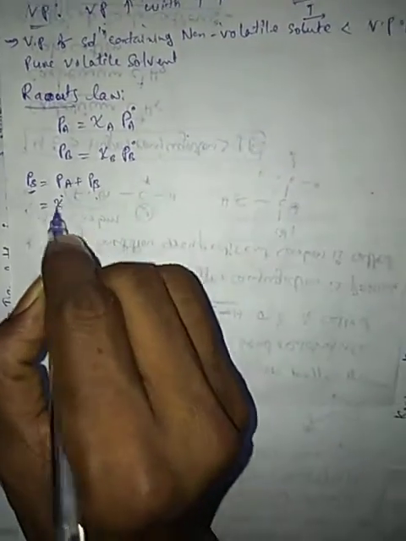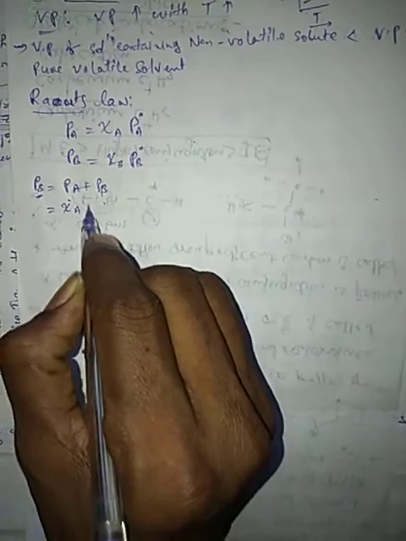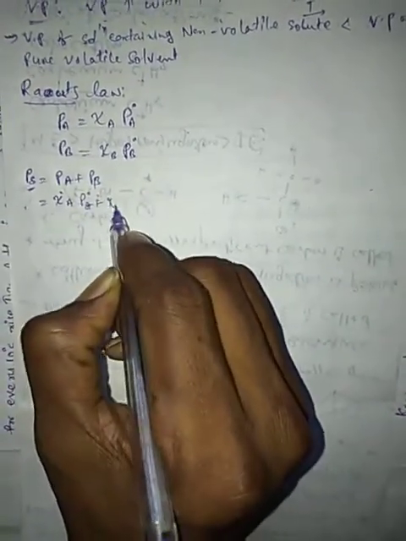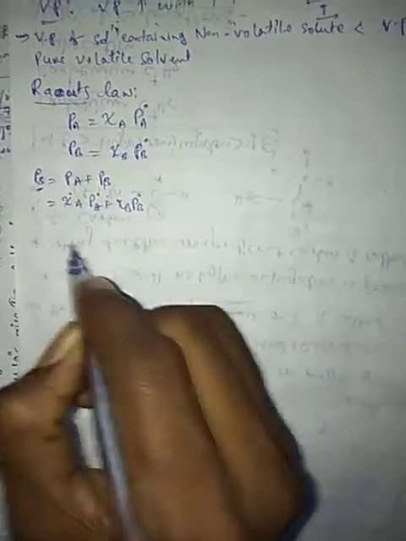We can write this as XA P naught A plus XB P naught B. Here XA and XB are the mole fractions of the solution, and P naught A and P naught B are the vapor pressures of pure liquids A and B.